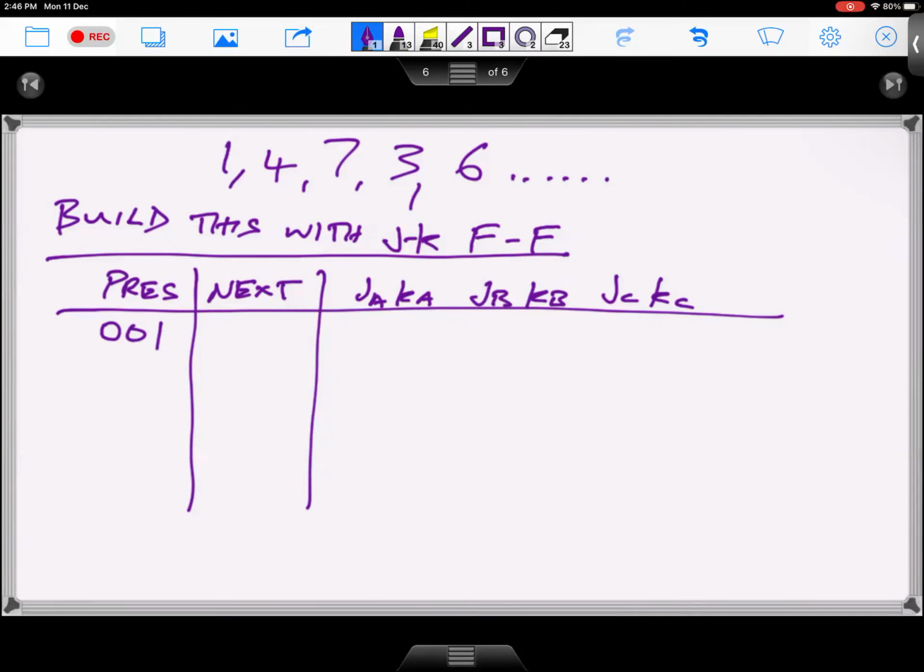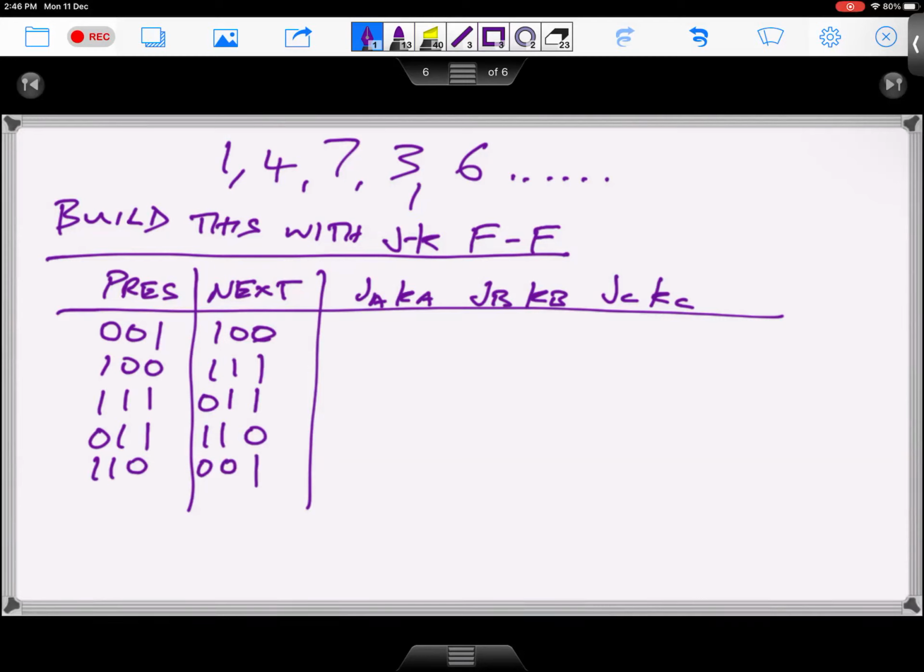Where does it go? To 4. Where does the 4 go? The 4 goes to 7. Where does the 7 go? The 7 goes to 3. Where does the 3 go? To 6. Where does the 6 go? It comes back to 1. That's it.